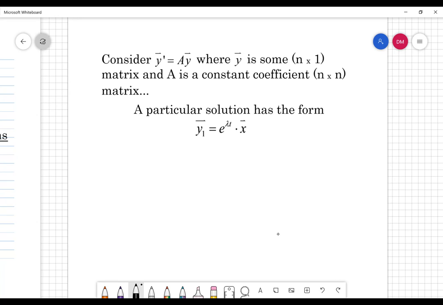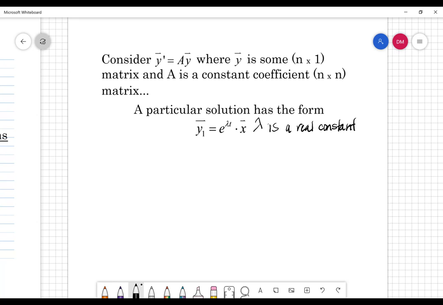So the solution, when we actually go to solve these, this is the first time we've done this, will take the form y1 is equal to e to the lambda t times my solution matrix x. Now, a couple things about lambda. Lambda is a real constant, so it's some real number constant.